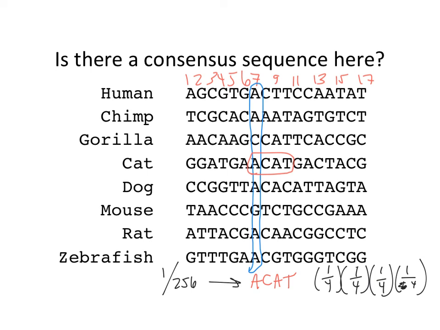Which must raise a question in your heads, I hope. Wait a second, if things like TATA binding protein, in eukaryotes now, recognize the sequence TATA, that's going to be every 256 base pairs in our billions of base pairs in our genomes. So TBP, these transcription factors, or sigma factors in prokaryotes, they're not the only thing that controls transcription.